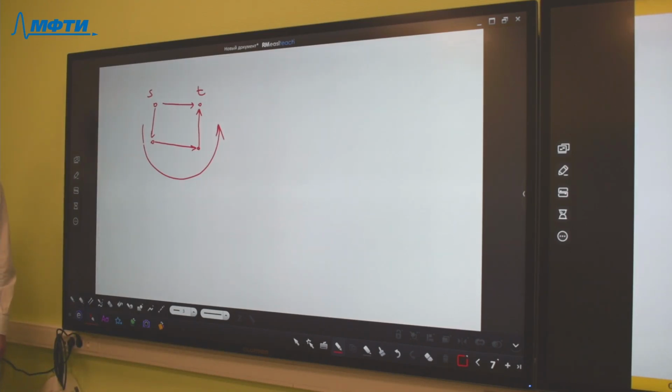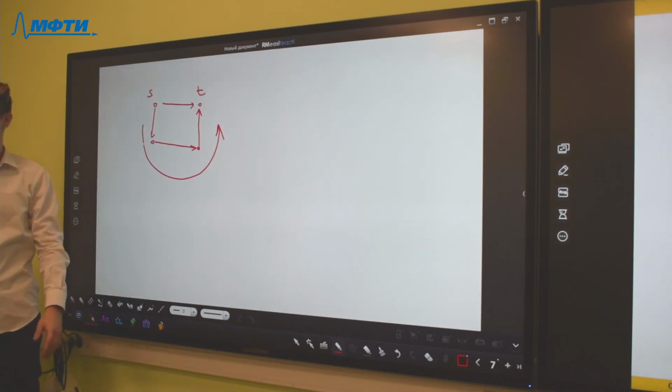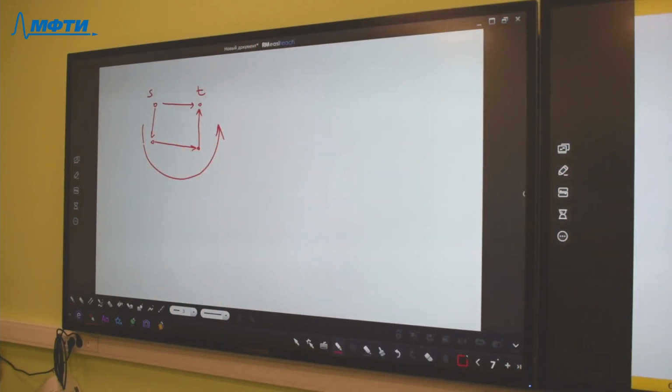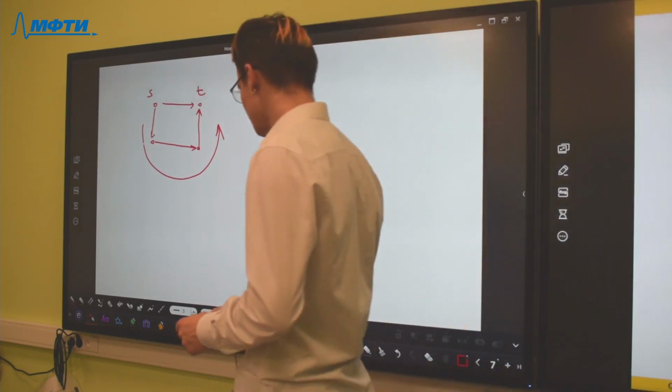Why? When we use DFS, we choose the edge incident to the vertex in a random way. It's not always sure that it's going to take S to T. You might get S to T, of course, but it doesn't guarantee that you will get the shortest path. But you will get a path.